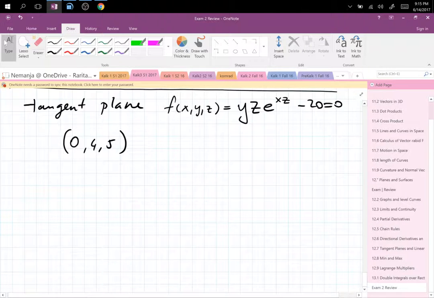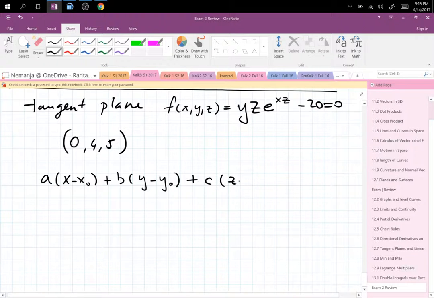Anyway, we're supposed to do the tangent plane, so let's do that. Our equation of the plane is generally a(x minus x0) plus b(y minus y0) plus c(z minus z0) equals 0. If you remember, a, b, and c was the normal vector, but for the tangent plane we get that from the partial derivatives.